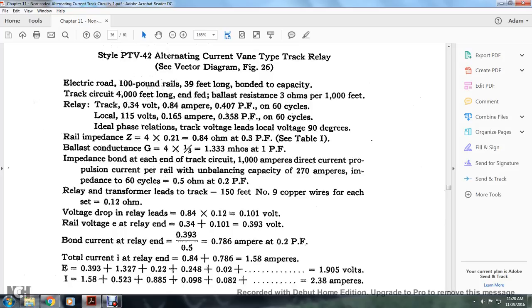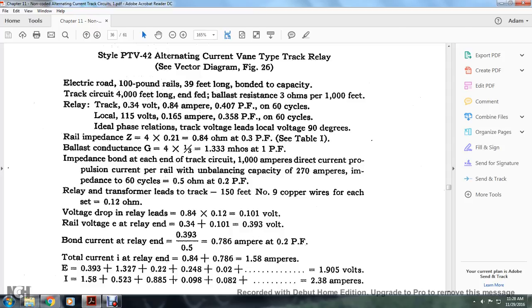Voltage drop relay is 0.84 times 1200 to the 101 thousandths of a volt. The voltage E at the relay end is 0.34 times 0.104 equal to 0.393 volts.